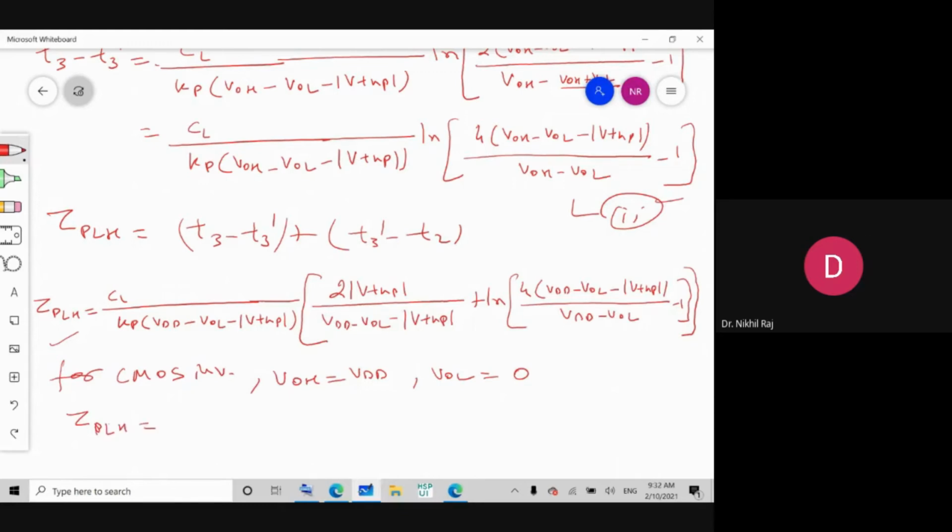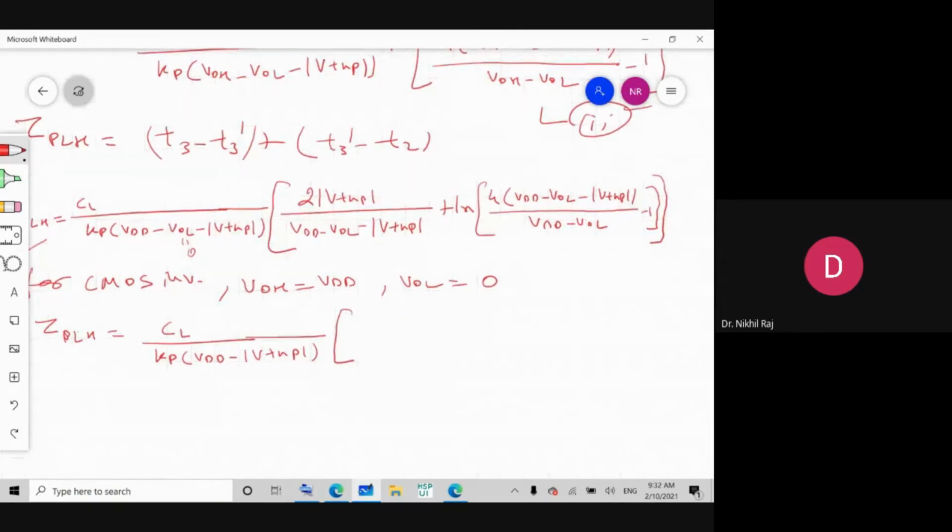So when you will substitute, TPLH will be equals to CL divided by KP, and it will be VDD minus, this VOL will go to 0 value, so mod of VTH of P, okay, and inside bracket it will be 2 mod of VTH of P divided by VDD minus mod of VTH of P plus ln 4 VDD minus mod of VTH of P divided by VDD minus 1. Okay. This is the equation for the CMOS inverter.